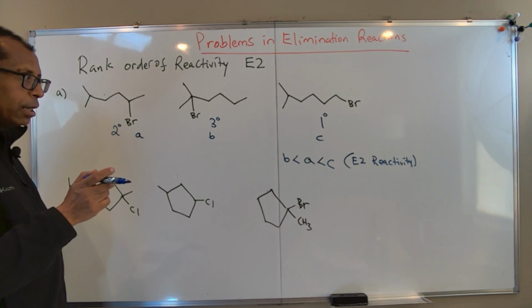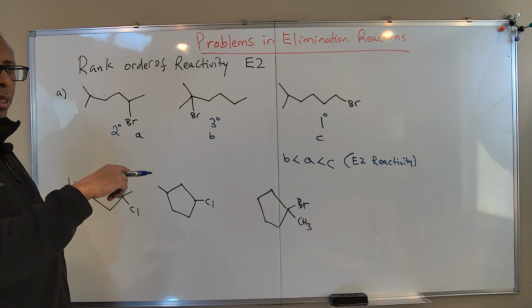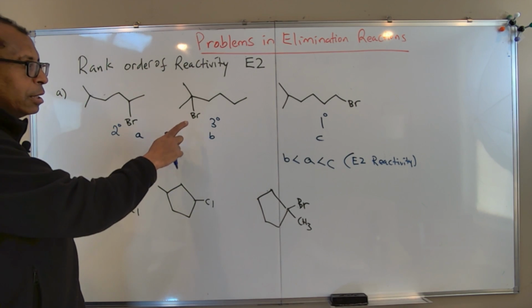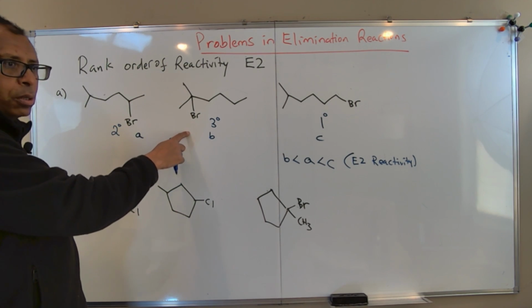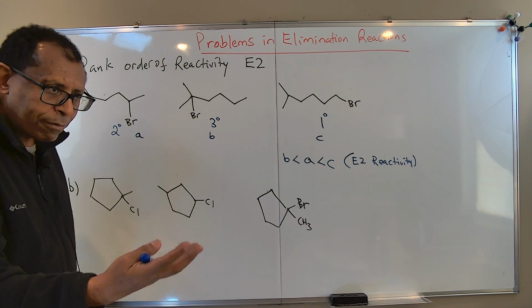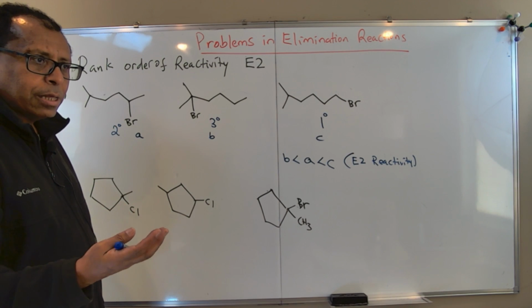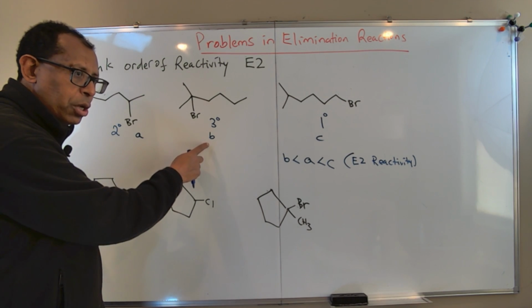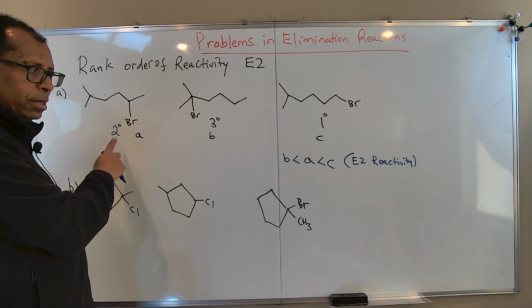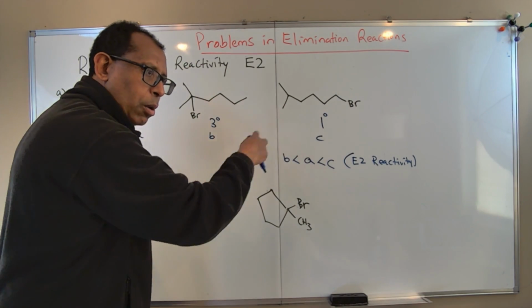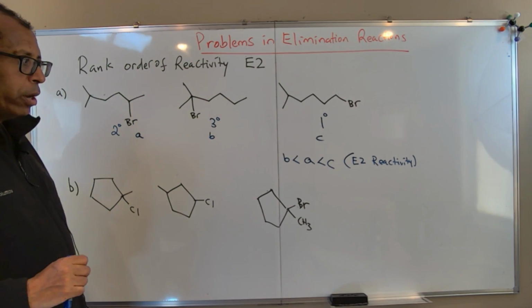In E1 mechanism, the reverse is true. In the E1 mechanism, this is the fastest, because you have to form a carbocation. A carbocation is easier to form from secondary than primary. Primary almost doesn't make a carbocation.